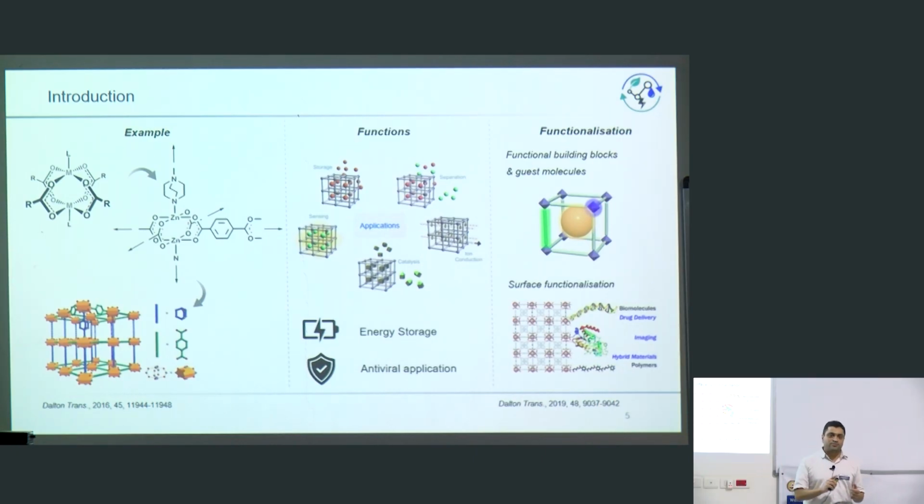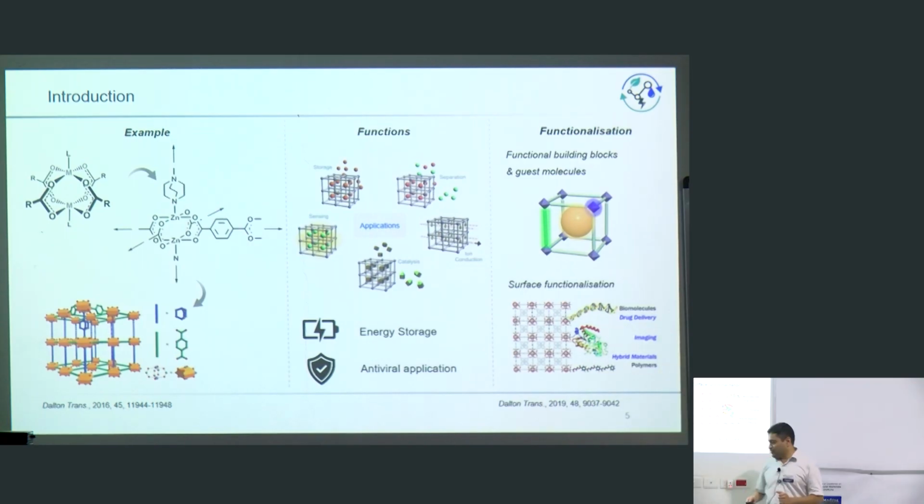You can apply organic polymers onto it. You can also apply some kind of hybrid materials. So you can start forming composite-like materials which have got a surface which is active for something else, and an internal structure which is very crystalline and is porous as well. So today's example, one of the examples, is actually going to be based on this idea where we surface functionalize a metal organic framework.